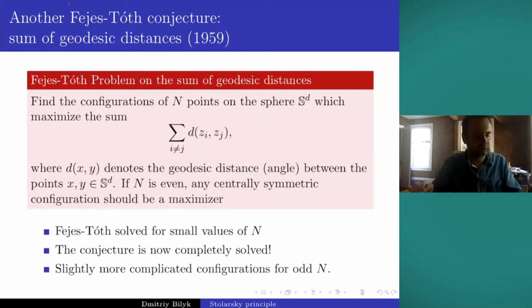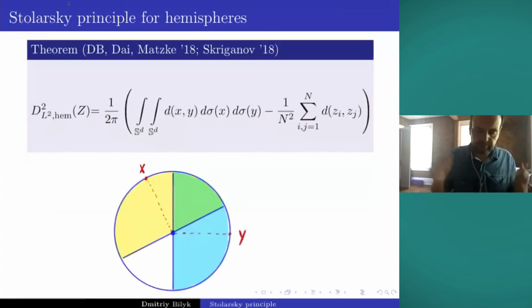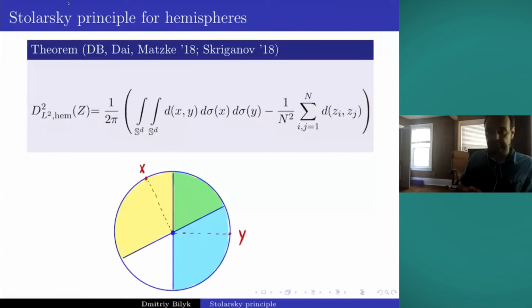Fejes-Tóth conjectured that for even n, any centrally symmetric configuration should be a maximizer. He solved it for some small values of n, but now this conjecture is completely solved. One of the proofs, probably the most complete, rests on a version of the Stolarsky invariance principle.